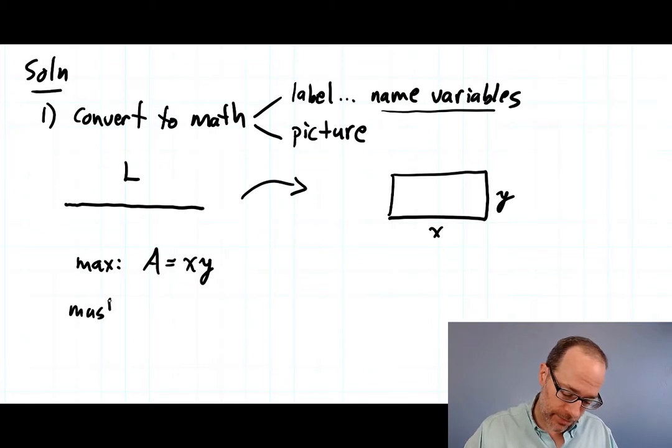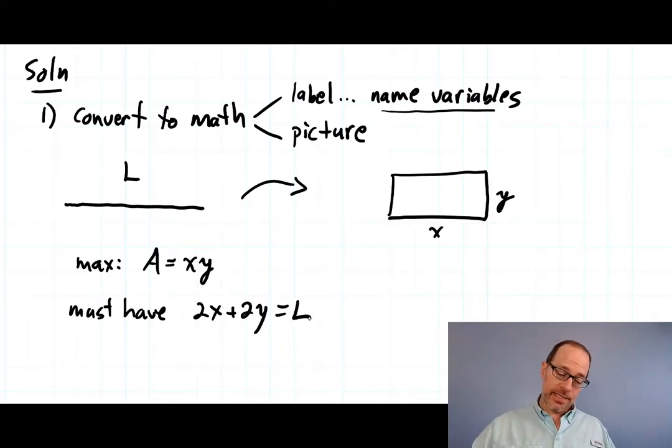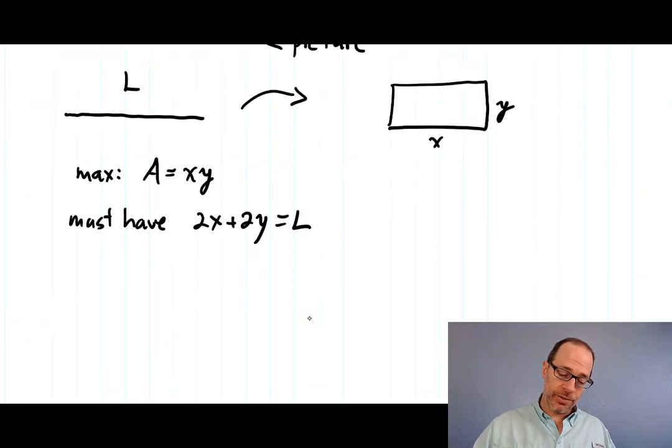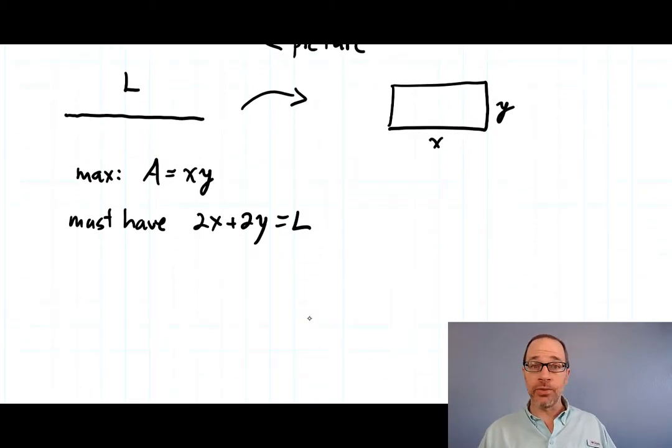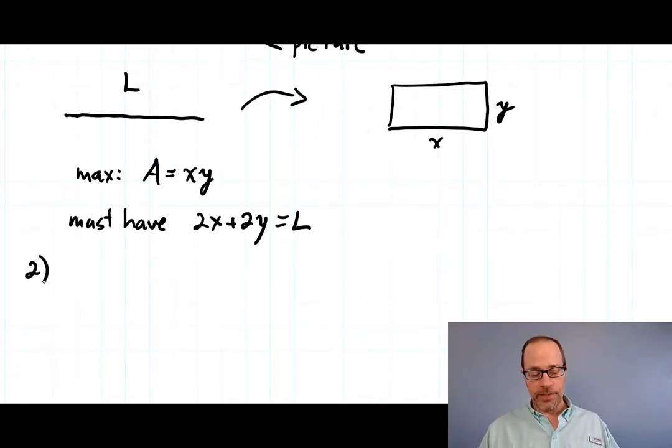So I must have 2x plus 2y, that's the perimeter, being L. So I want to maximize the area subject to 2x plus 2y equals L. All right, now we've converted it to math. We have enough variables. But in this case, we have too many variables.